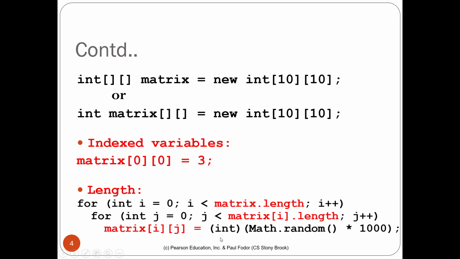It's a random integer value in the range starting from 0 till 1000, but 1000 would be excluded, and it's an integer value. Okay, so this is how we can write simple programs involving two-dimensional arrays.